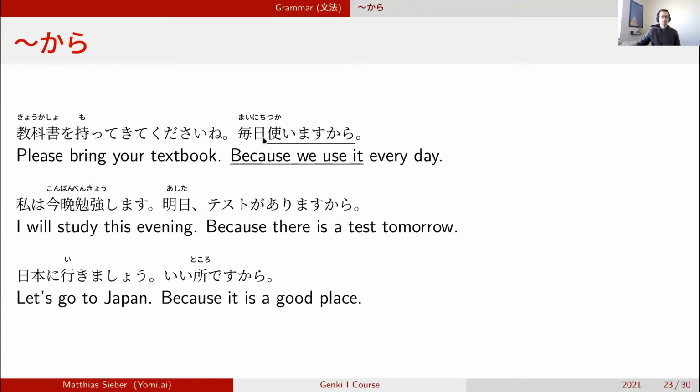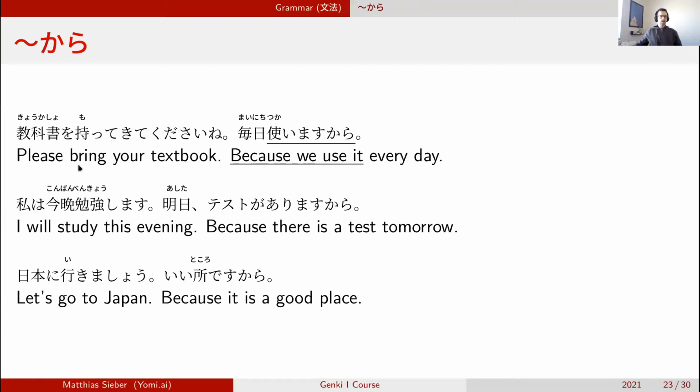So essentially what you do is attach kara at the end of your sentence to express a reason. Here we have masu form followed by kara. Tsukaimasu kara just means because we use it.